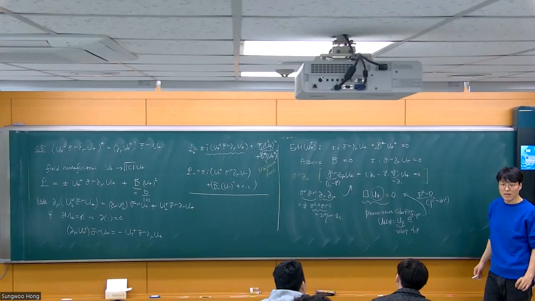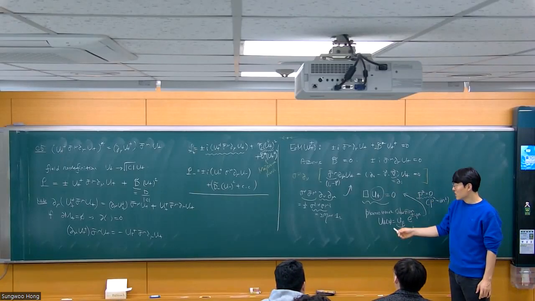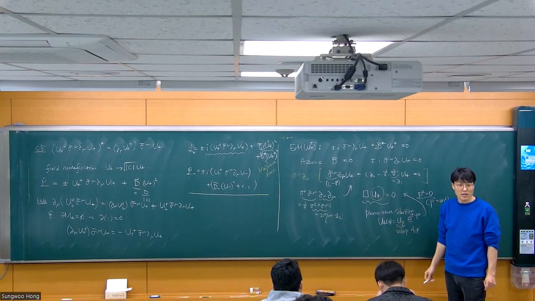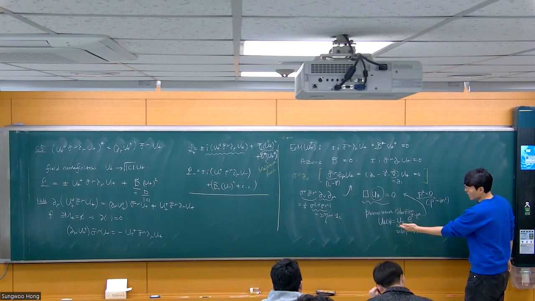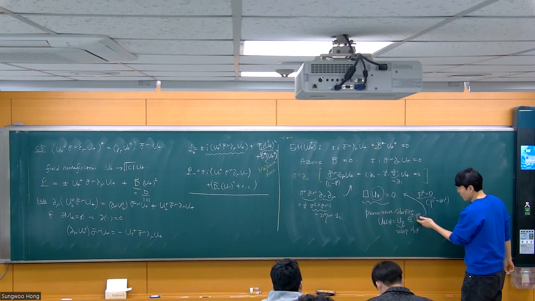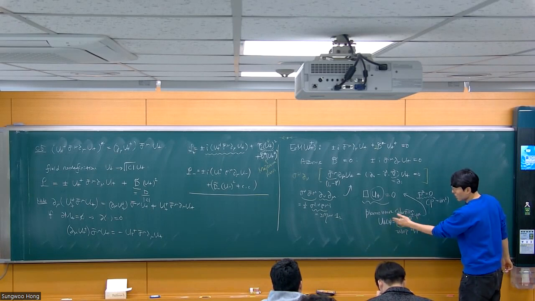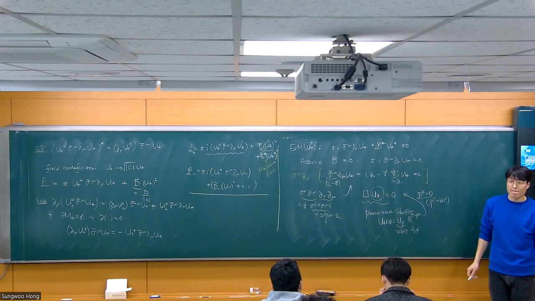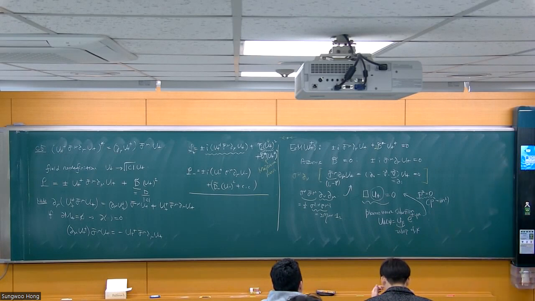Is that clear so far? Once again, any quantum field at some point must satisfy the Klein-Gordon equation. That's just a true statement regardless, because you can always take a plane wave solution. There can be some complicated prefactor, doesn't matter. Eventually, it should be giving you this condition. Okay, good. So that's fun.